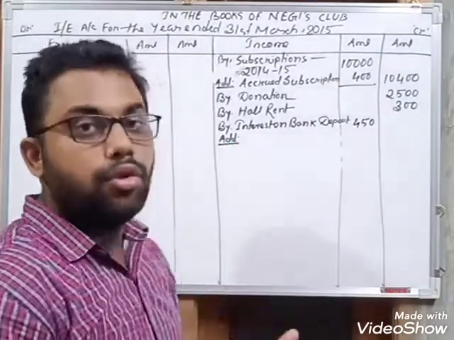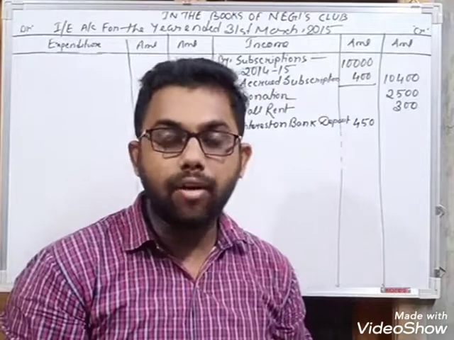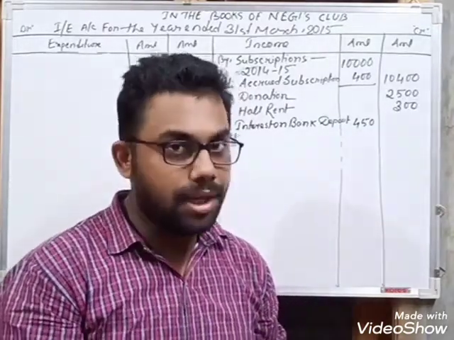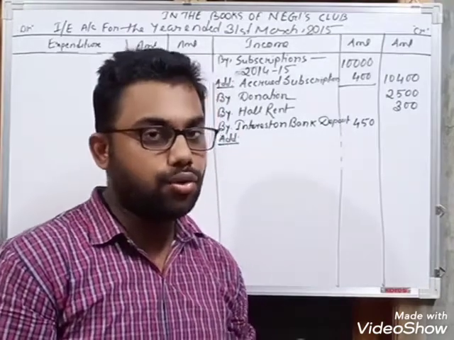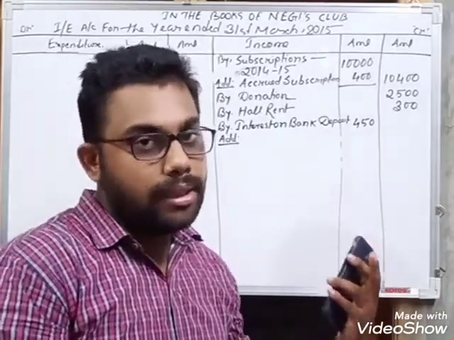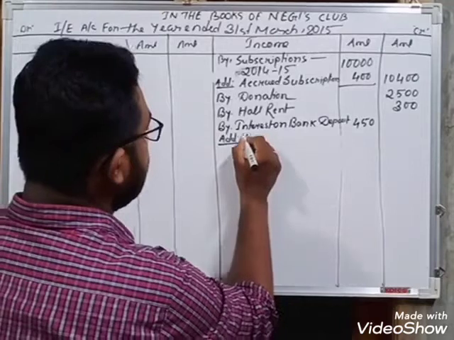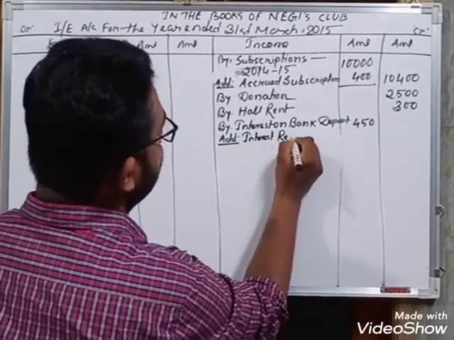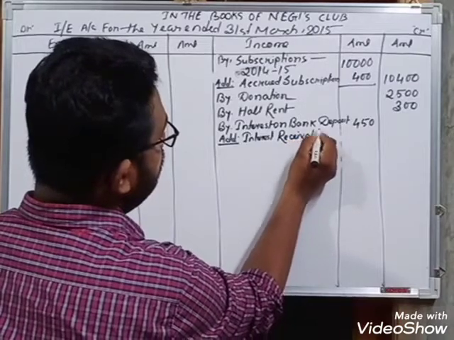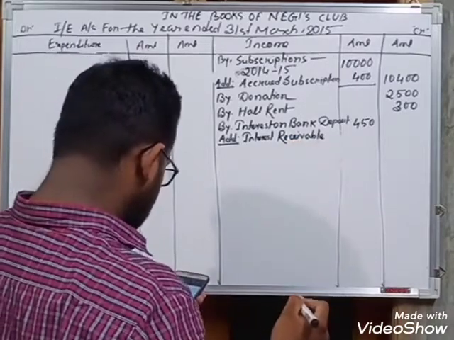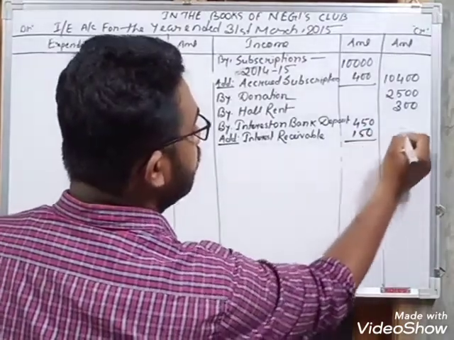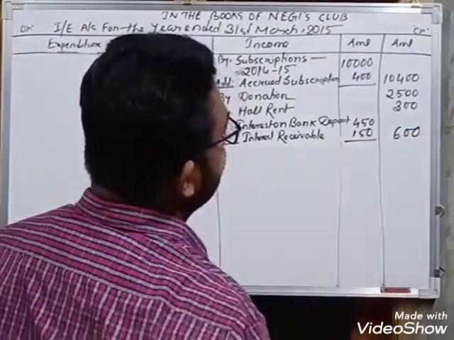So I think you have understood what is the meaning of receivable. That means we have not received it, we will receive it in future, but it is income for the current year. So we have to add the income in the current year. Add interest receivable. The amount is rupees 150, that is adjustment number 3, and the total is 600.